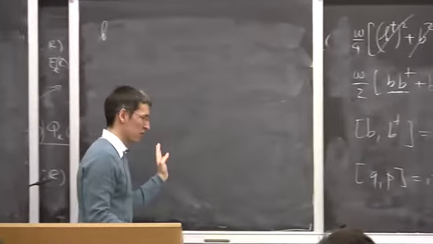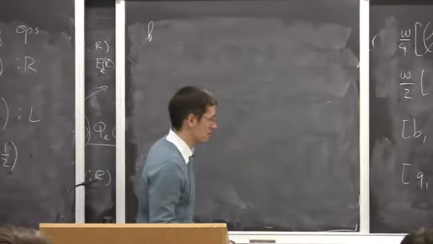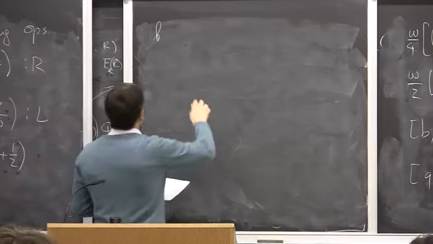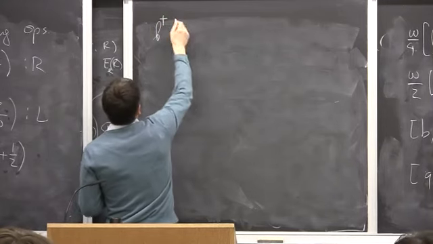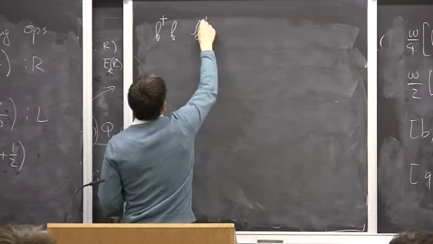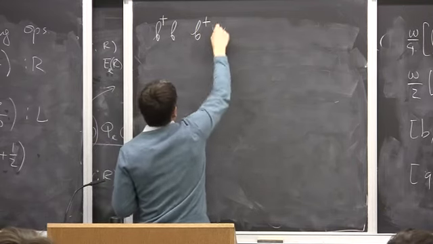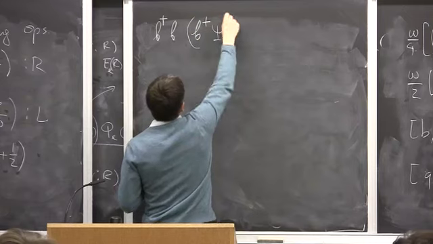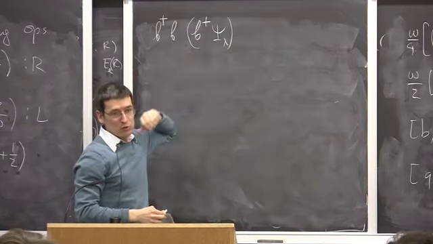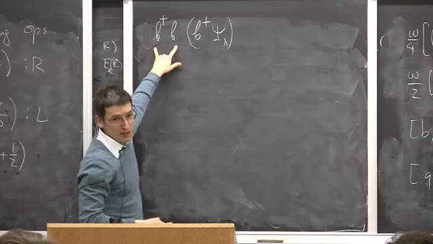We didn't get that function yet, but we imagine we have it. All right? So imagine you have it. It turns out that it can be proven that if you apply b dagger on that function, this function also will be an eigenfunction of b dagger b.